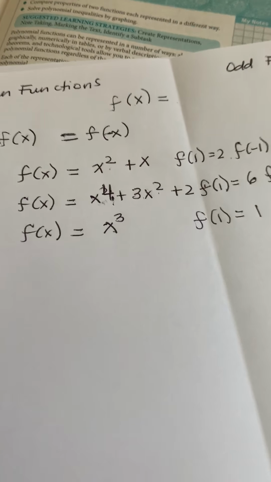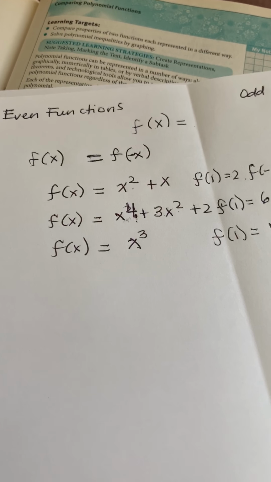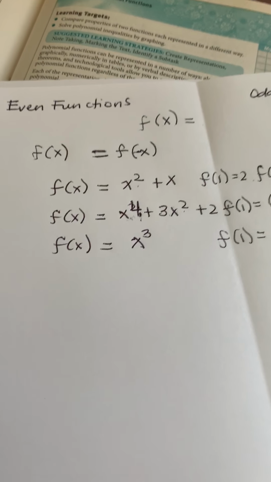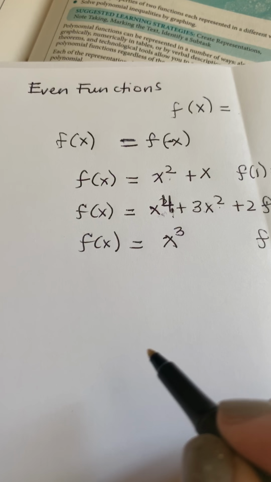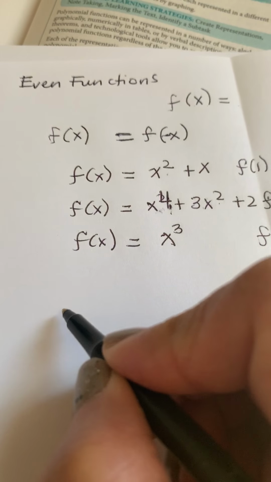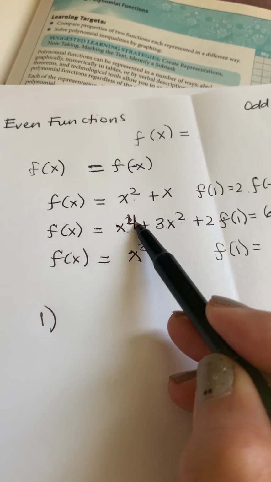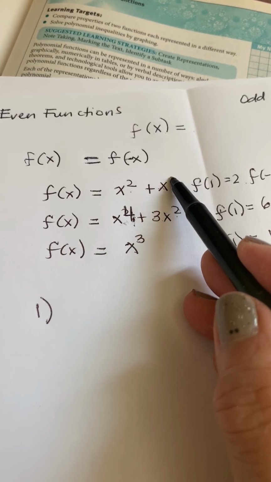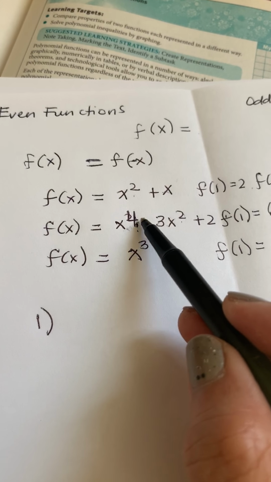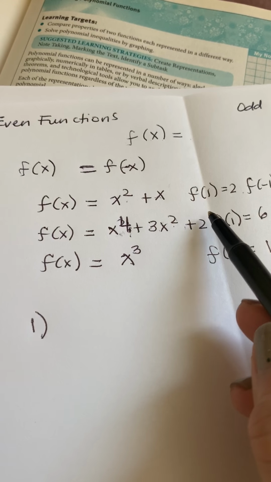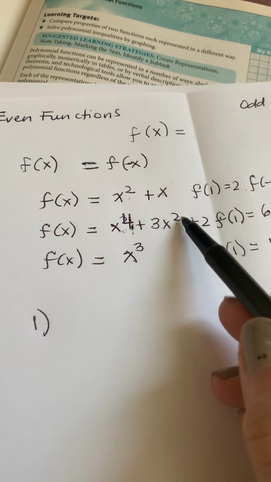So if we look at patterns here, there is a shortcut if you'd like to determine whether a function is even. The exponents should all be even. There should be no odd. So all the exponents are even, and there may or may not be a constant.